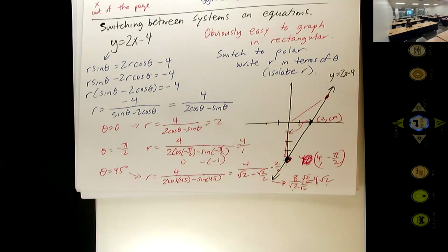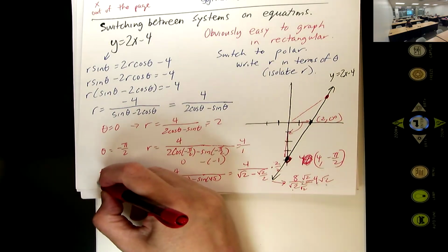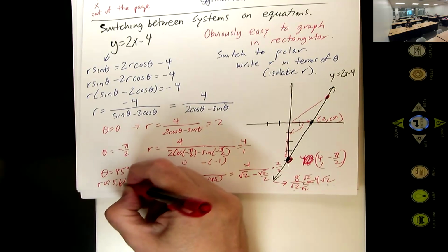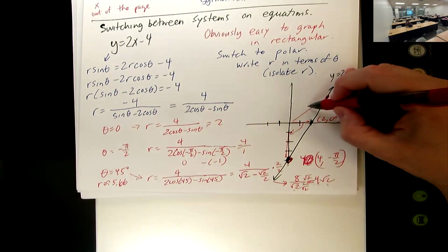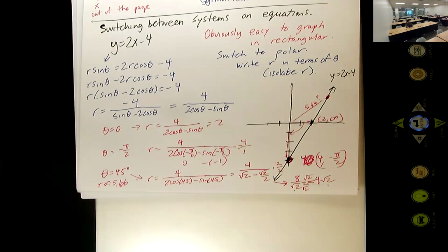So what is that? 4 times square root of 2 is about 5.65, or 5.66, I don't know. So doing this one is shitty in polar, right?